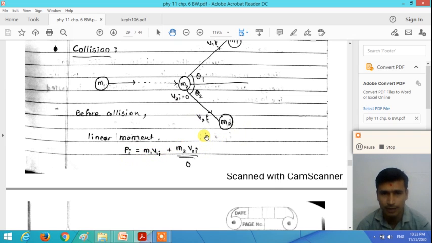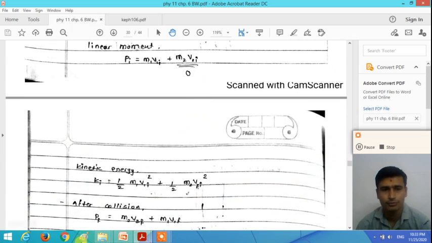What amount of kinetic energy is associated with the system of two objects? Kinetic energy of the first object plus kinetic energy of the second object: ki is equal to 1 half m1 v1I square plus 1 half m2 v2I square. Here also, if the second object is stationary, v2I is equal to 0.